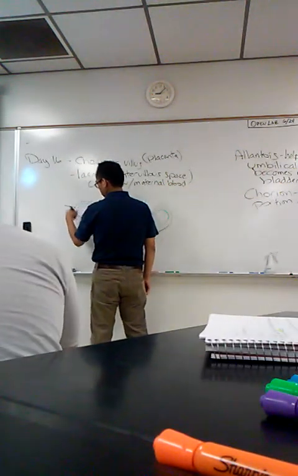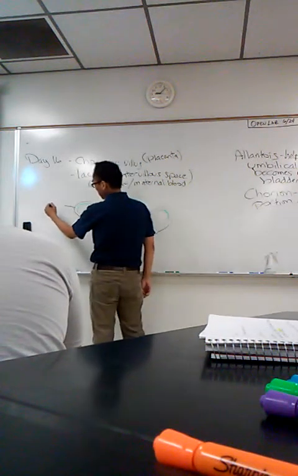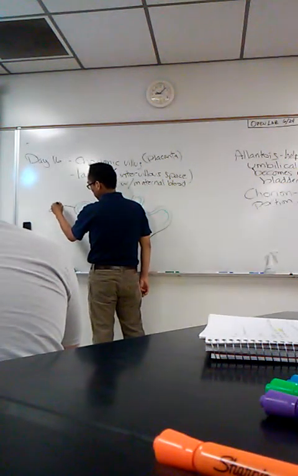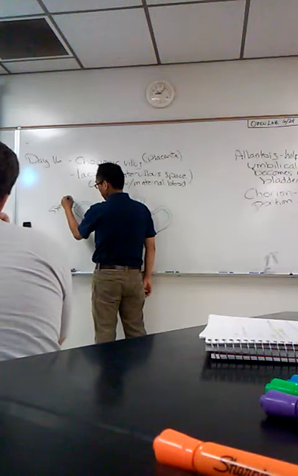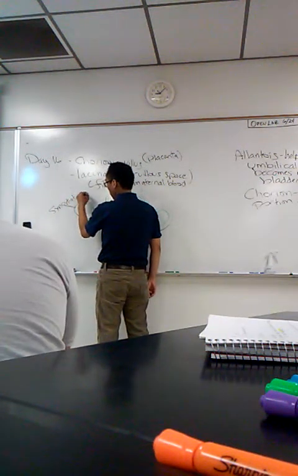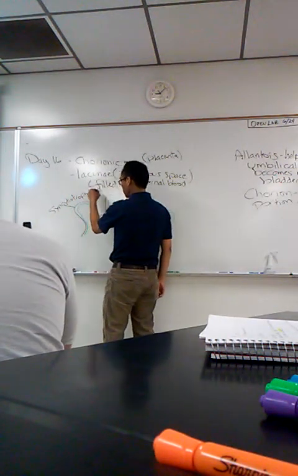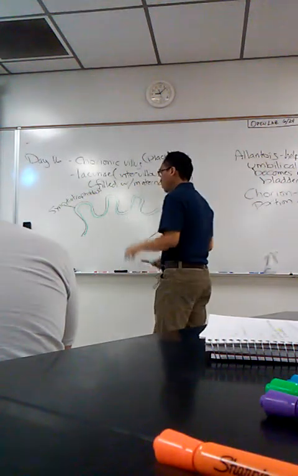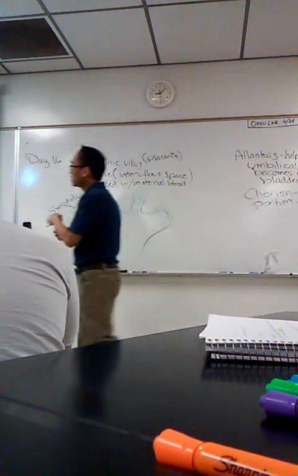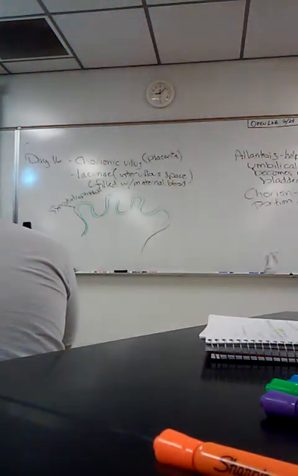Literally, that black line is... but the green line I drew represents the proliferating extraembryonic mesoderm that's inside of it.